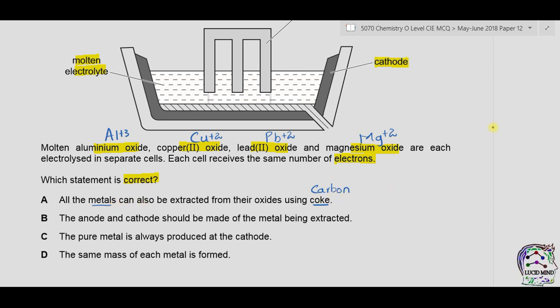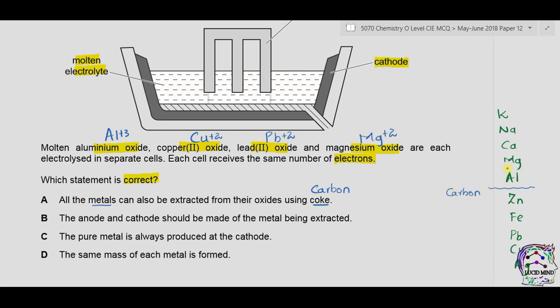So in the reactivity series we have potassium, sodium, calcium, magnesium, aluminum. Then we have zinc, iron, lead, copper and silver. Now only the elements that are below aluminum can be extracted using carbon.